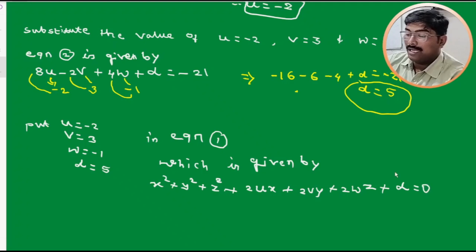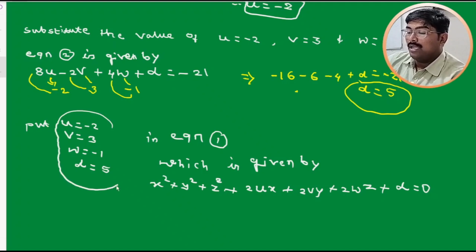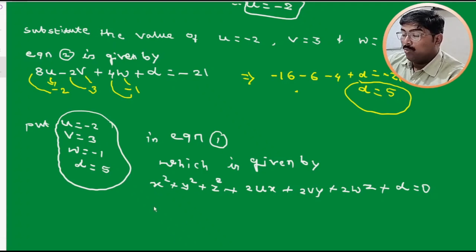In this equation you have to substitute the value for u is equal to minus 2, v is equal to 3, w is equal to minus 1 and d is equal to 5.